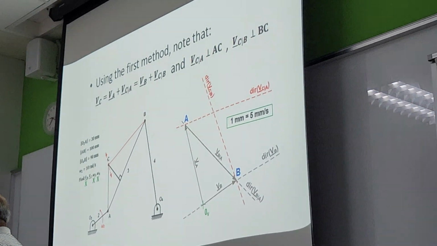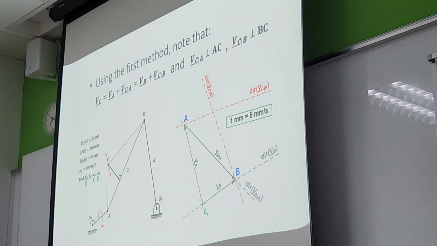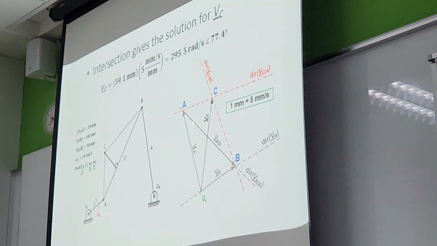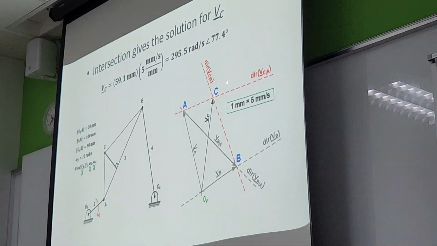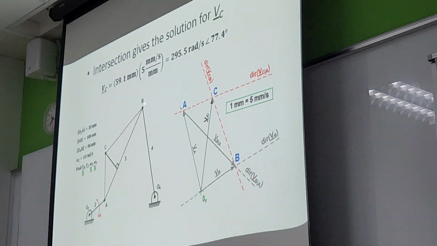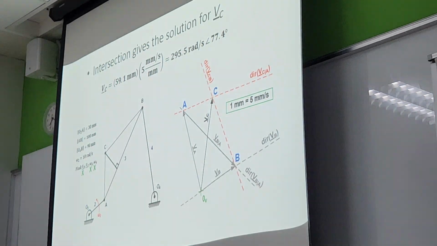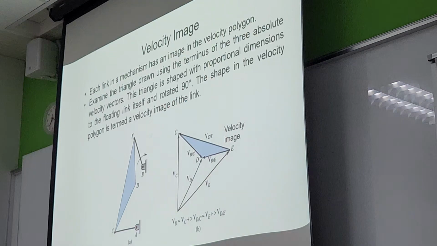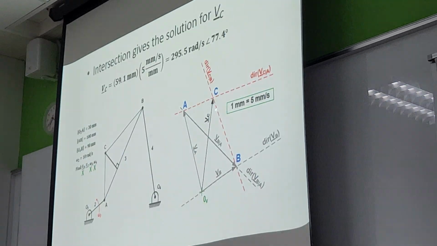Now the intersection point we identify. Then we can see this as the velocity image. Now ACB is the velocity image of the link ACB. So this is how we plot.